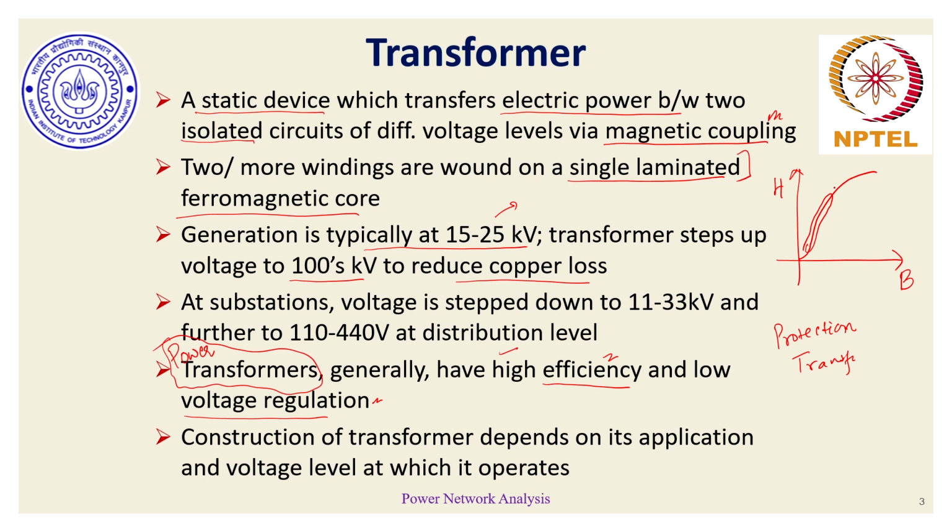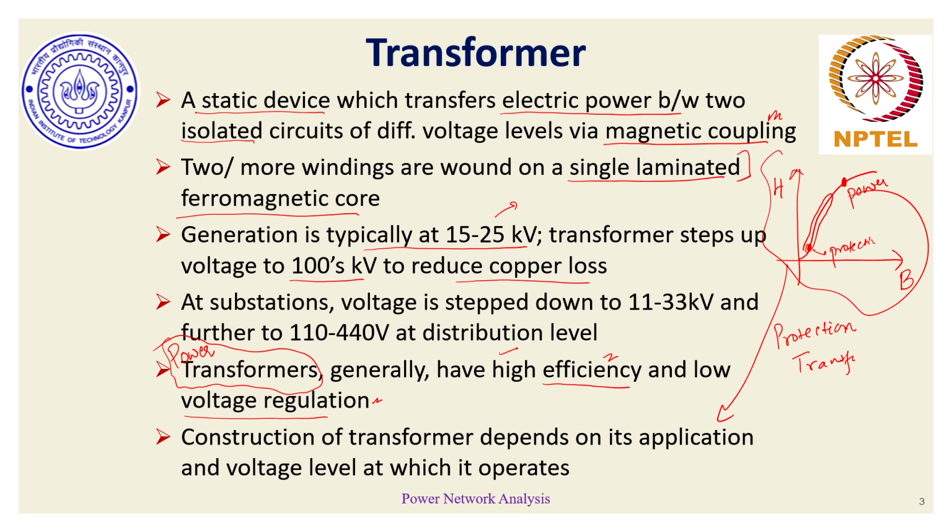For power transformers, the operating point is close to the knee point of the BH curve, whereas for protection transformers or instrument transformers, the operating point is very close to the initial linear half of the BH curve. What implication would this have on the construction of transformers?